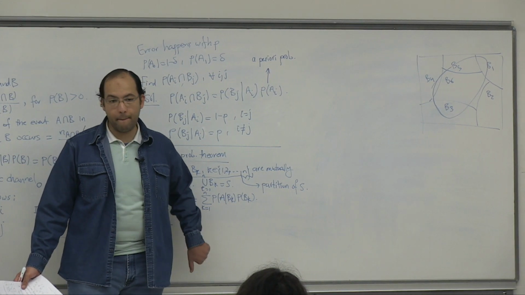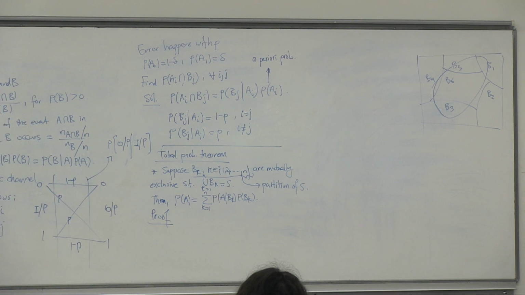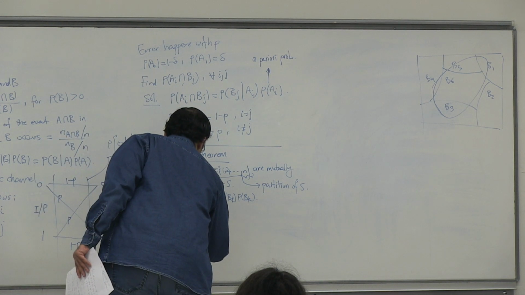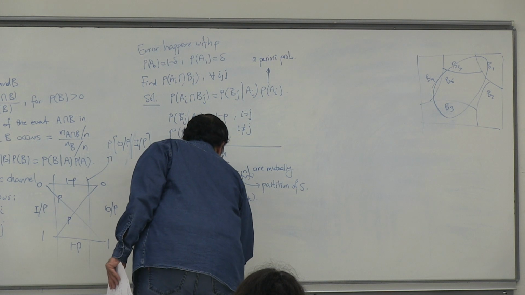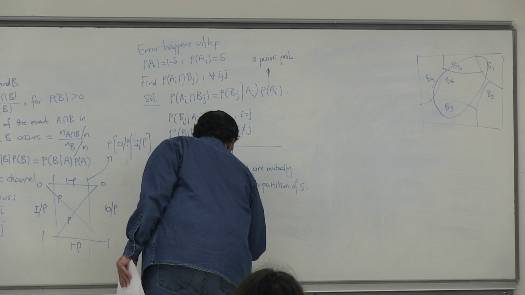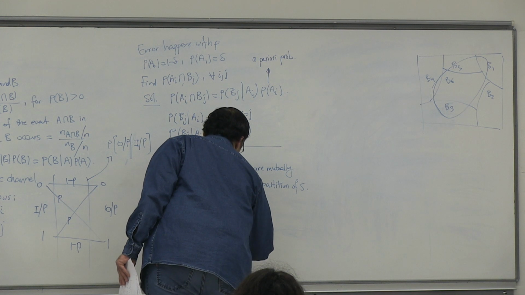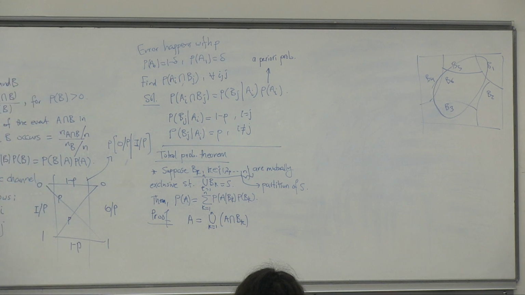A is the union of intersections. Exactly. So A is the union from k equals 1 to n of A intersect B_k. Good.